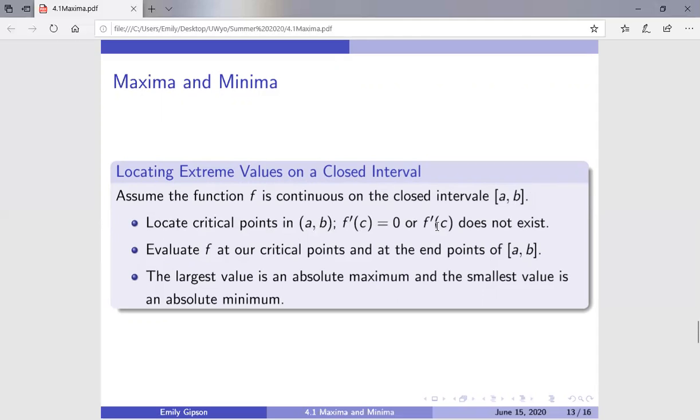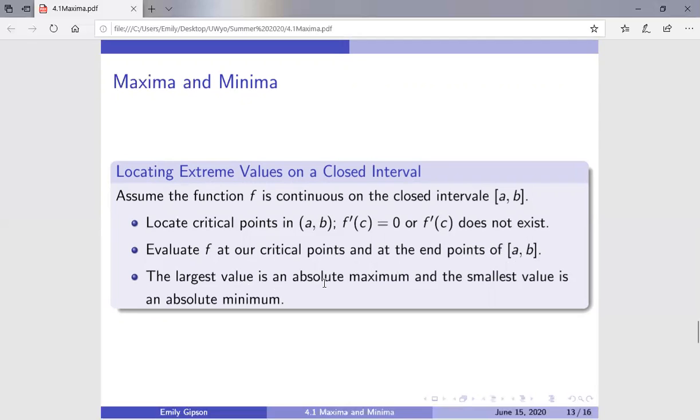So you're going to calculate your derivative and set it equal to 0, and then solve to find out what value c is. Next, you're going to evaluate your original function at our critical points. Maybe we have 1, maybe we have many, and then evaluate them at the 2 endpoints, because those might be absolute minima or absolute maxima. The largest value we get is an absolute maximum, and the smallest value we get is an absolute minimum.